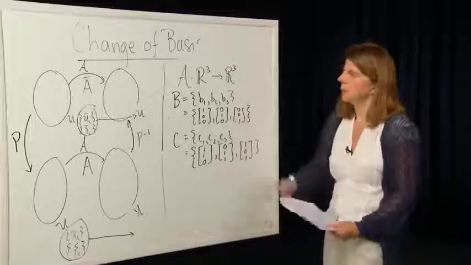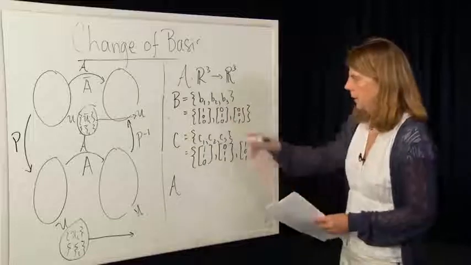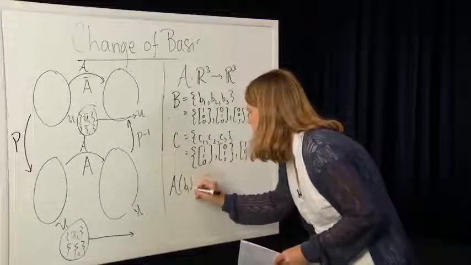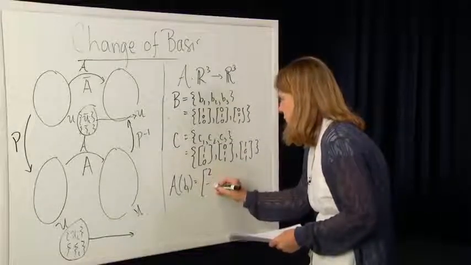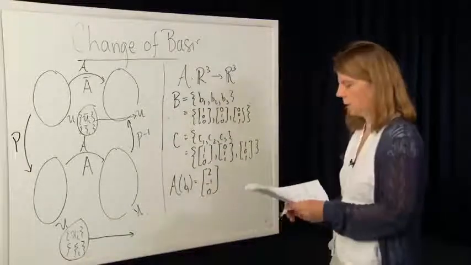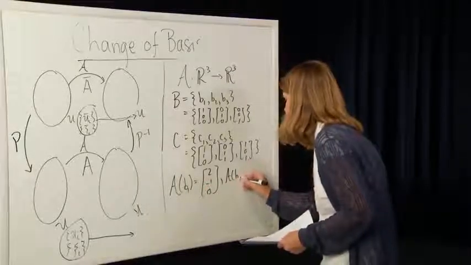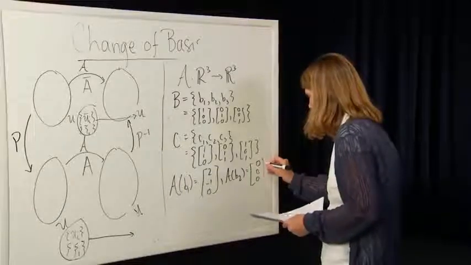And now let's think about this map A, and suppose you had the following information, that A takes the basis element, so A maps B1 to, we'll just choose a particular vector. A maps B2 to, let's say it's 0, 0, 0.